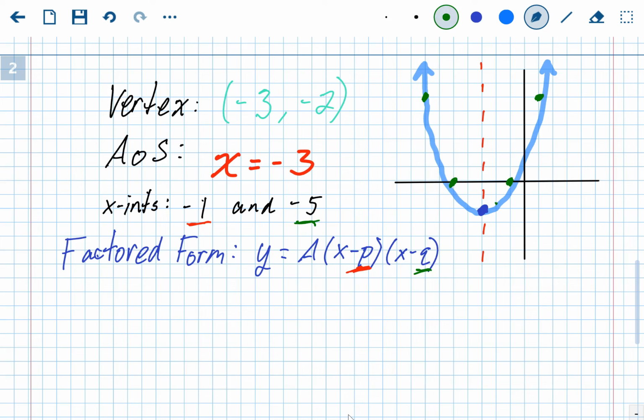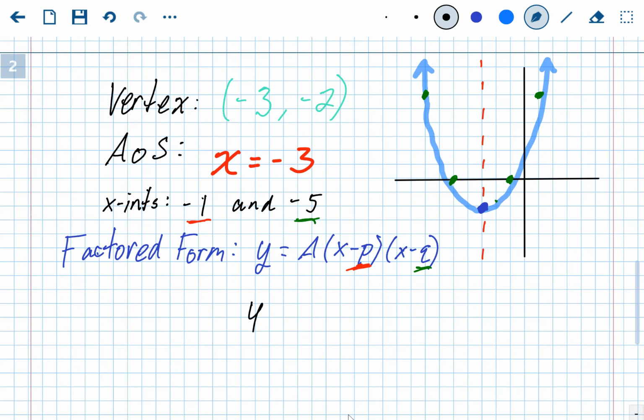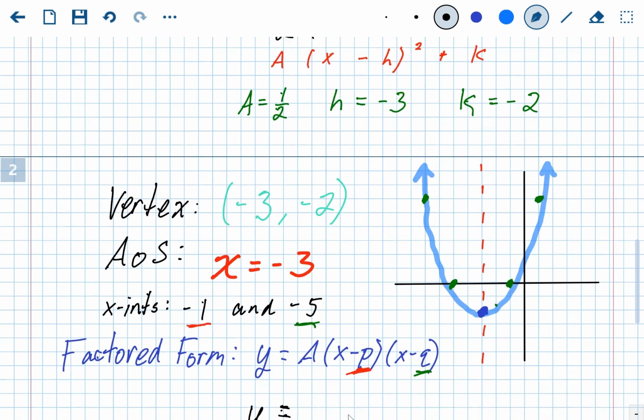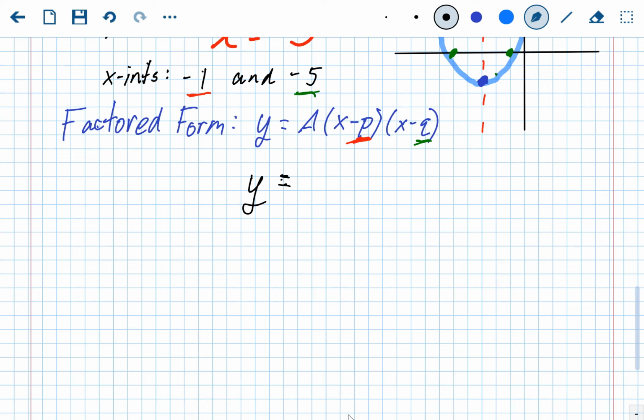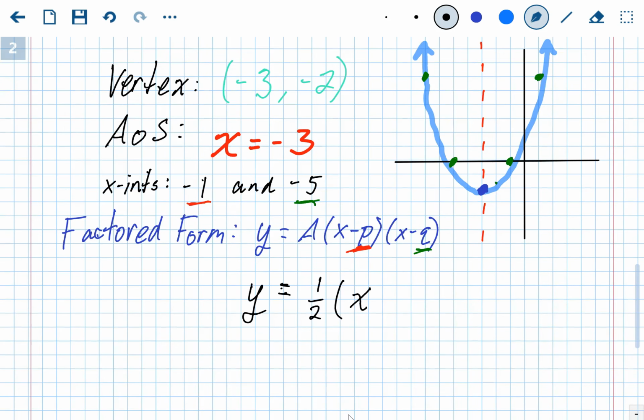So factored form is just going to be y equals a. Well, how do we know a? It's the same a that we had in the original problem, 1/2. So factored form is going to be 1/2 times (x minus p), x minus -1 is x + 1, and (x minus q), x minus -5 is x + 5.